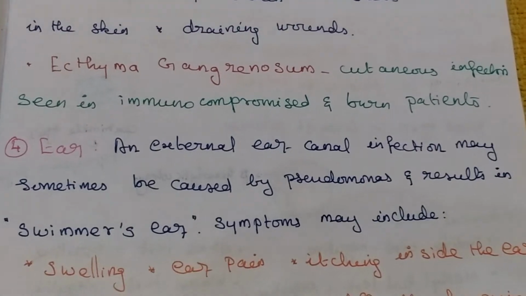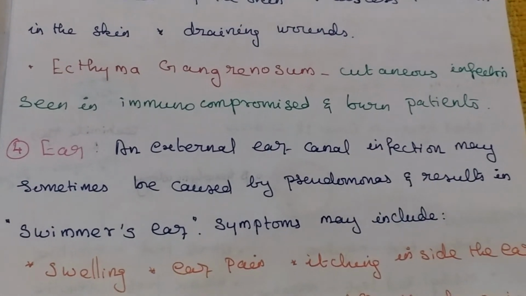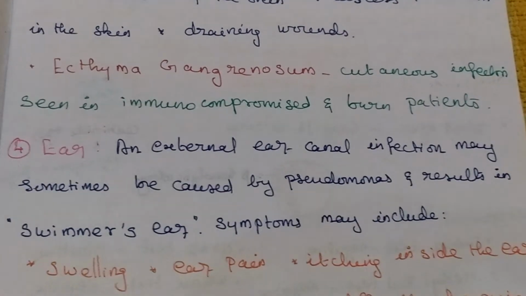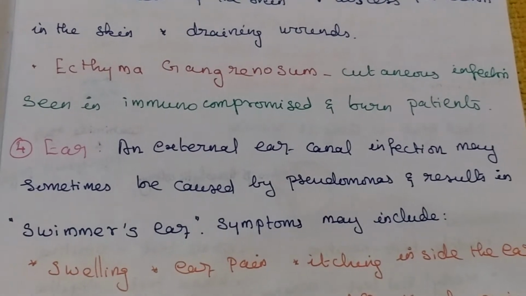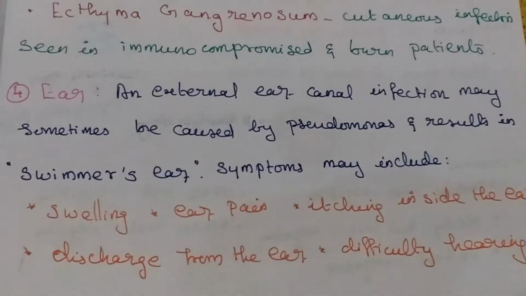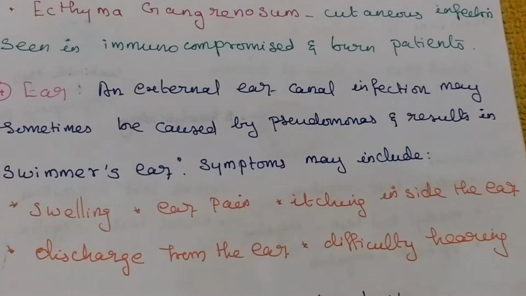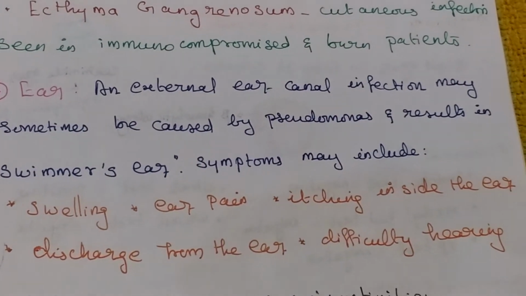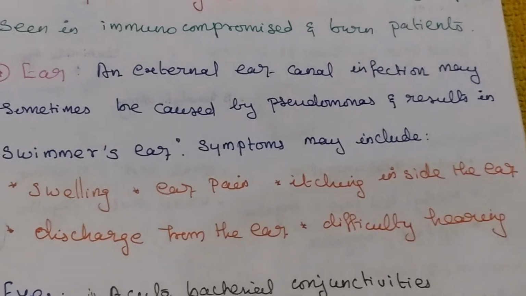It causes ear infection also. External ear canal infection may sometimes be caused by Pseudomonas and result in swimmer's ear. Symptoms include swelling, ear pain, itching inside the ear, discharge from the ears and difficulty hearing.